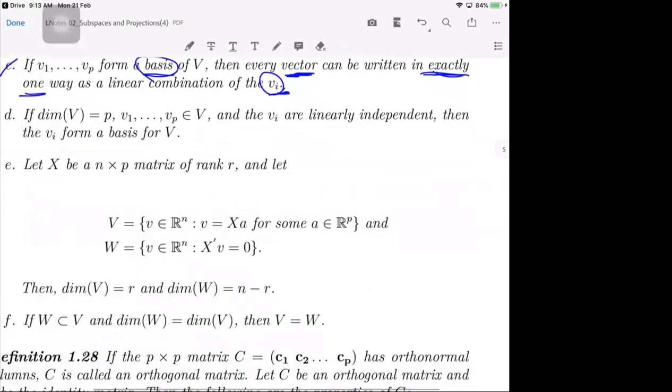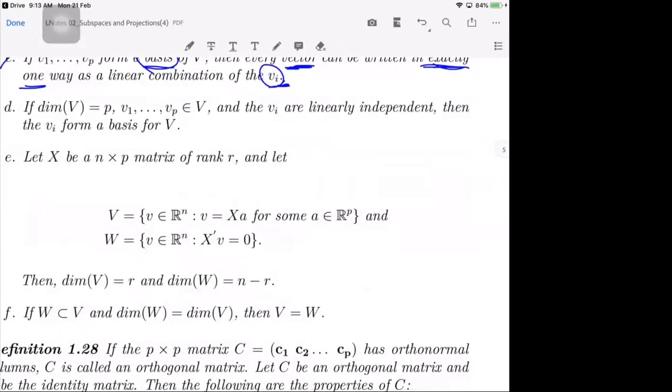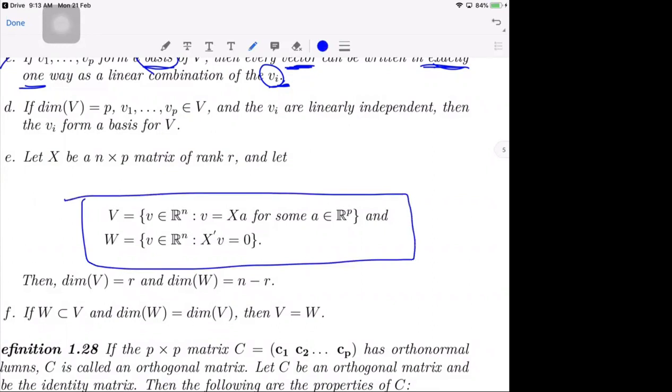In lecture notes 1, or is it 2 already, these two subspaces were introduced to you.